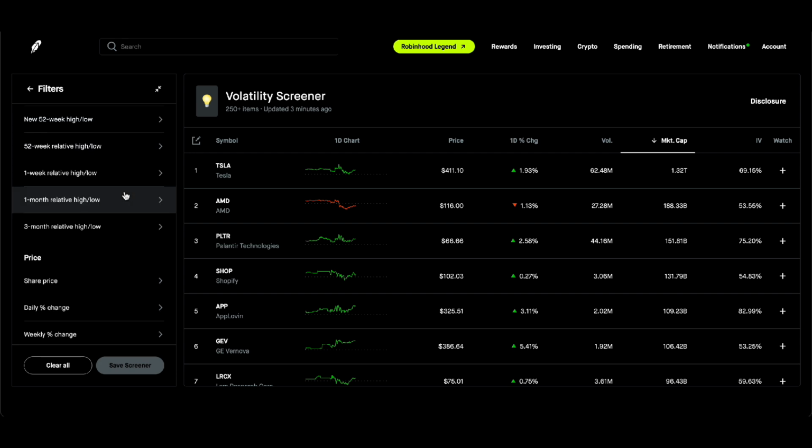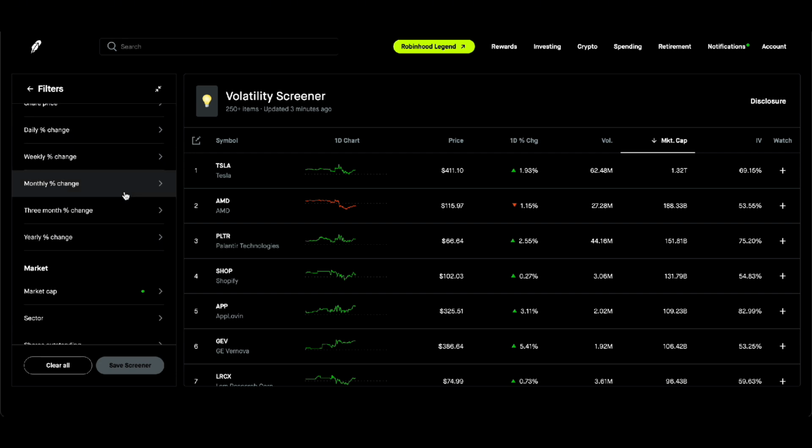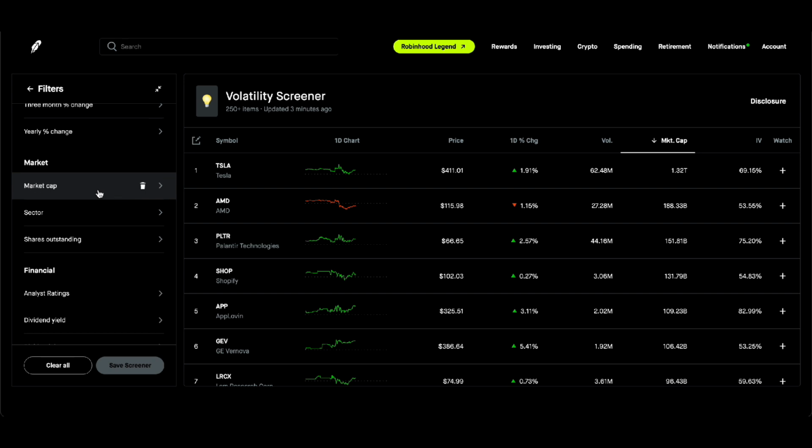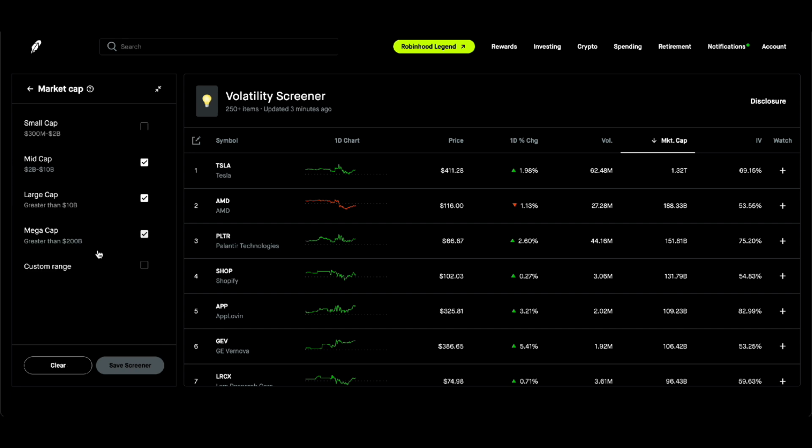The few things that I would like to keep track of for this screener: number one, market cap. I don't want to play options in companies that aren't mid to mega cap.